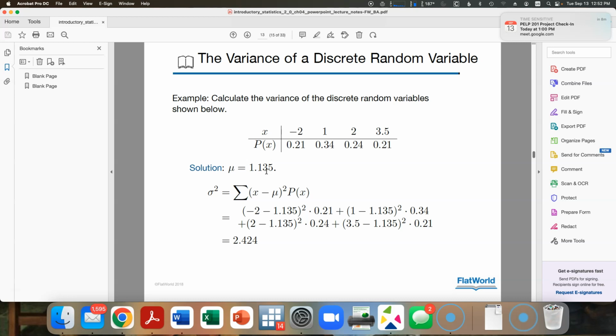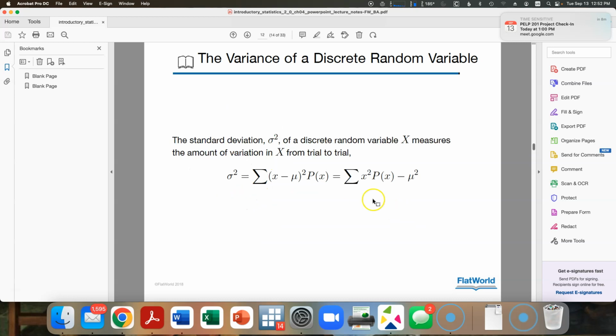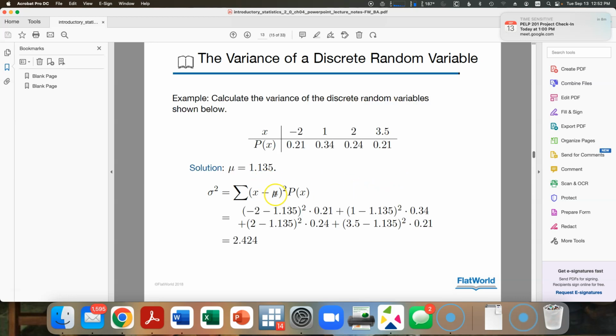Now, you can make your life easy, and you could do this second equation right here. But it is the same as doing it like this, and I actually prefer doing it this way as well. You just introduce one less chance that you could screw something up.